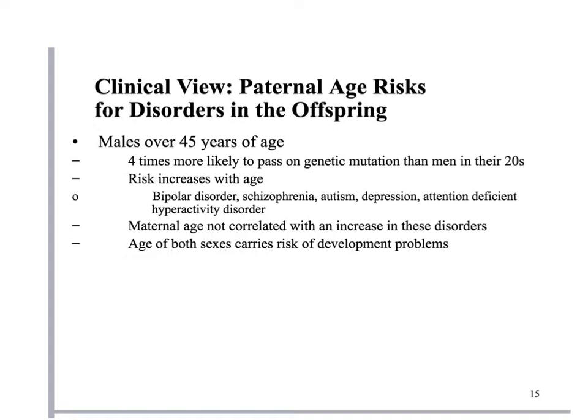But as you increase in age, similar to females, that increases the incidence of genetic problems. Bipolar disorder, schizophrenia, autism, depression, ADD, ADHD are all associated with this. Now it says maternal age is not correlated with an increase in these disorders. This is true, but maternal age is correlated with an increase in non-disjunction events. Do we know what non-disjunction is?